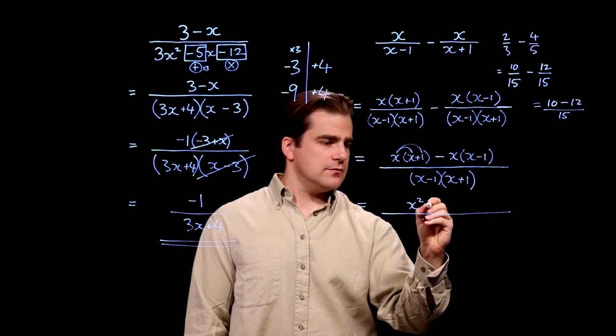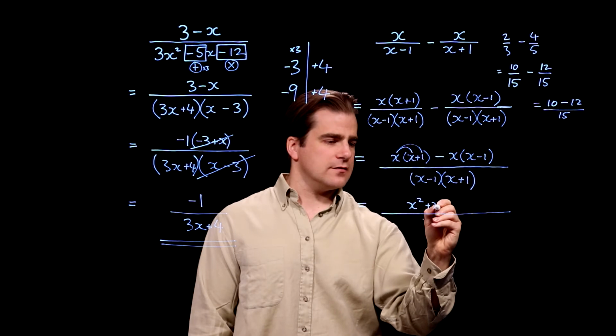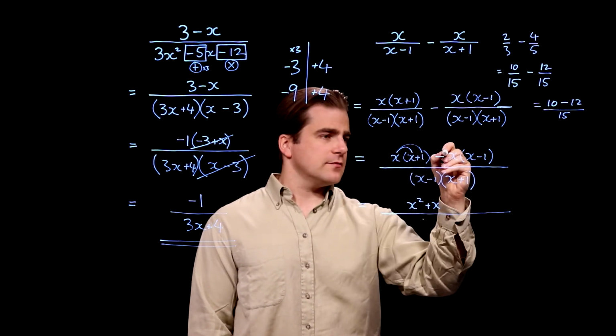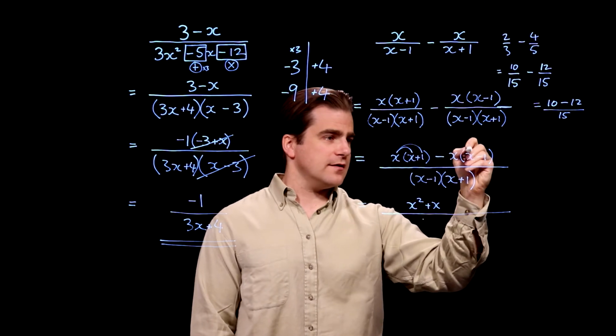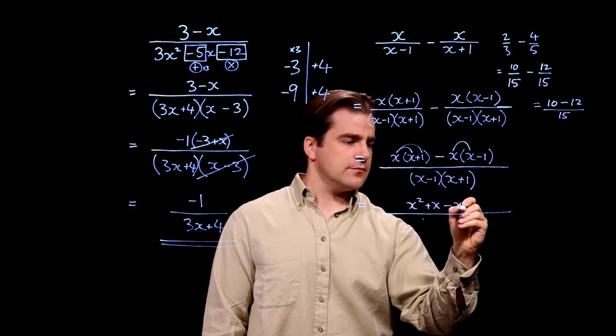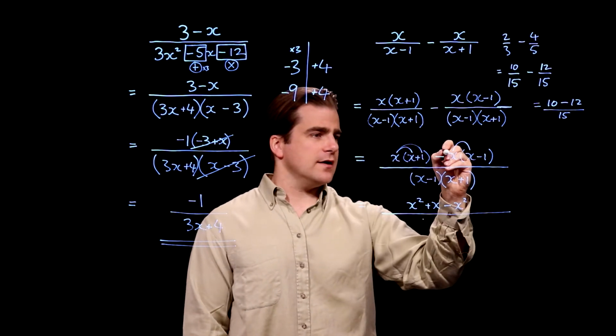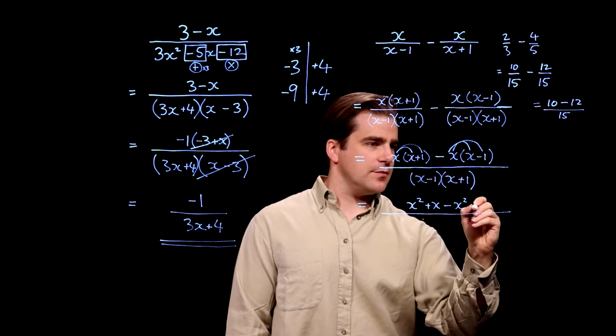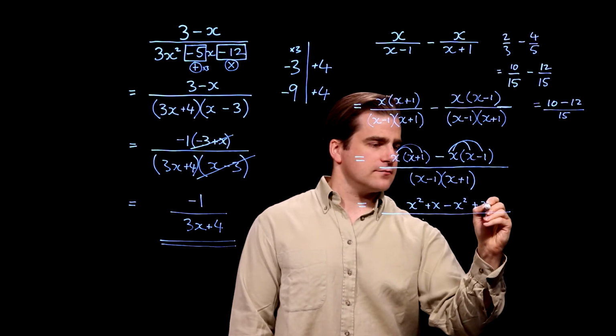X times 1 is plus x. That minus belongs to that x. Don't forget that. So it's minus x times x, which is minus x squared. And minus x times minus 1 is plus x.